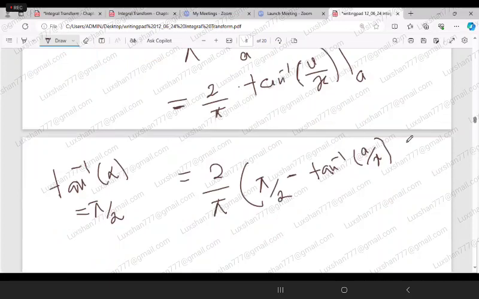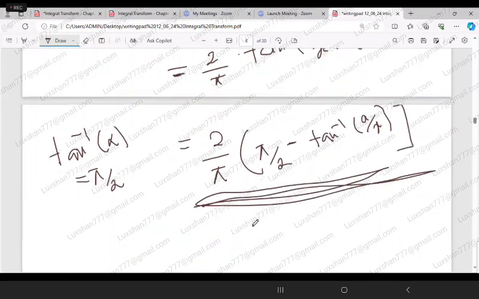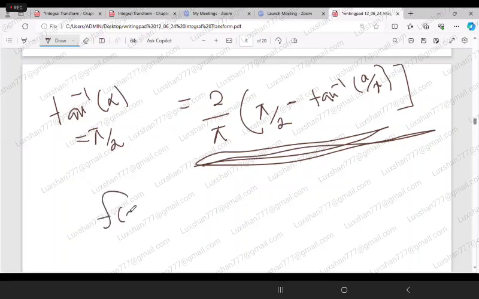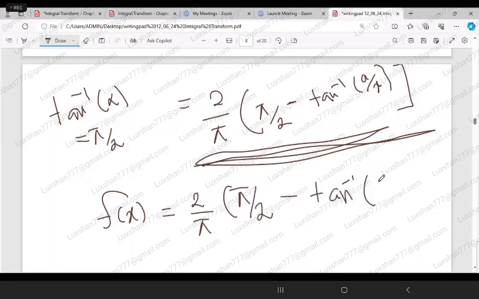So that is the function. This is the function. Okay, so that is our function f(x). Our function f(x) is equal to 2 over 5 into 5 by 2 minus tan inverse.